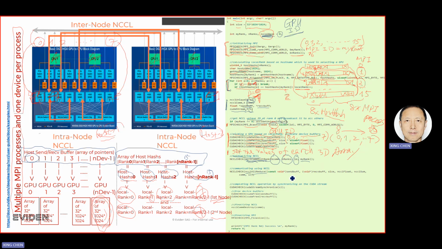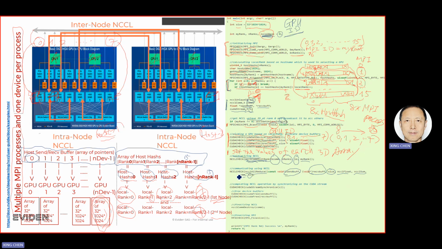You tell it you are going to work with the send buffer and the receive buffer, the size of the array, the data type in this array, and the all-reduce operation you need, which is sum for our case, and this is the NCCL communicator. And there is a stream S for the GPUs. Okay, so this is the function call.